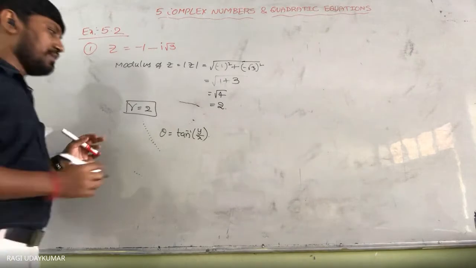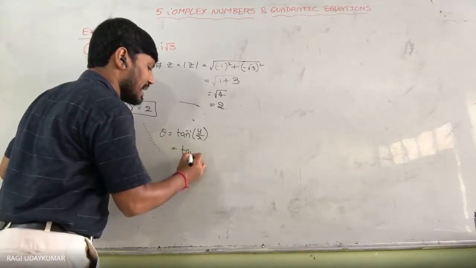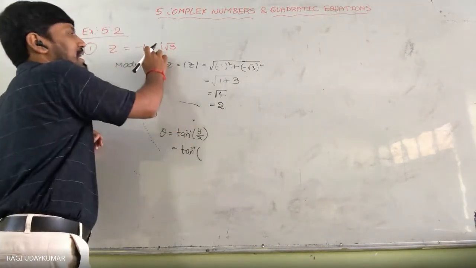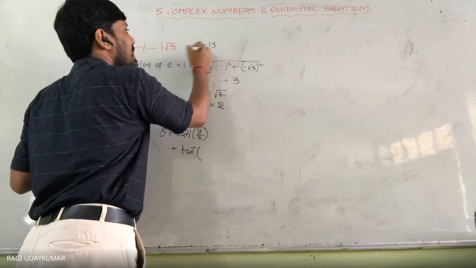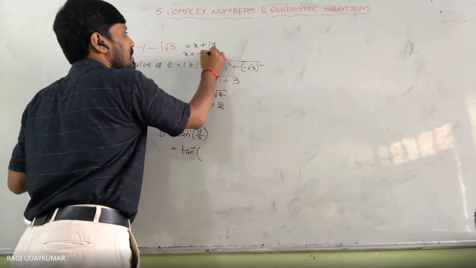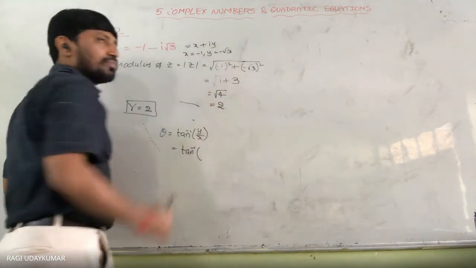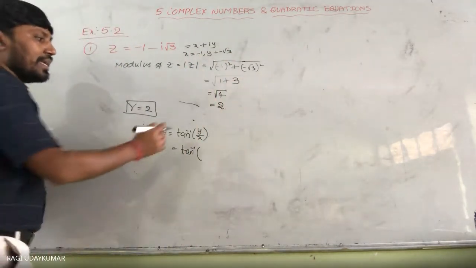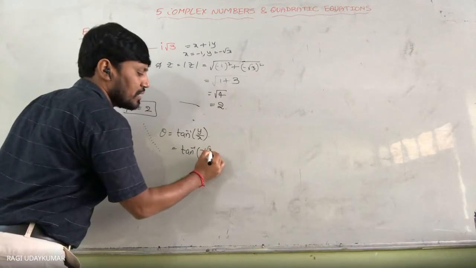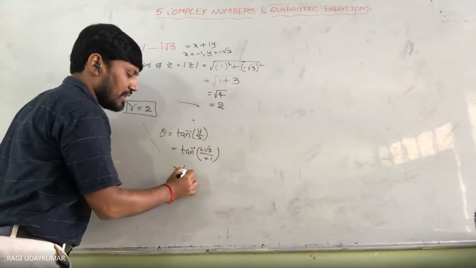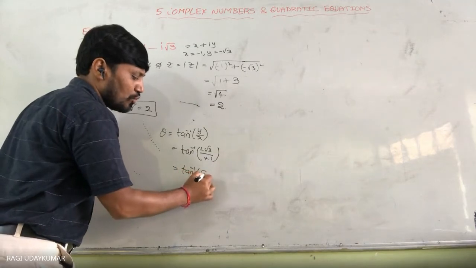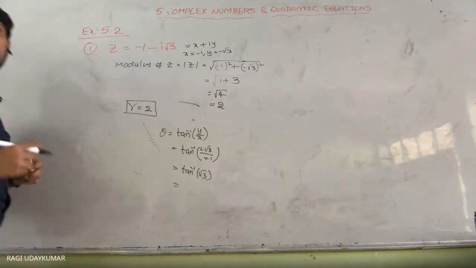Simple here, argument find out. So what do you get here? Tan inverse. What is y here? If you compare this with x plus iy, x is equal to minus 1, y is equal to minus root 3. So what do you get here? Minus root 3 by minus 1. Minus minus will get cancelled. We are going to get tan inverse of root 3, which is equal to what?